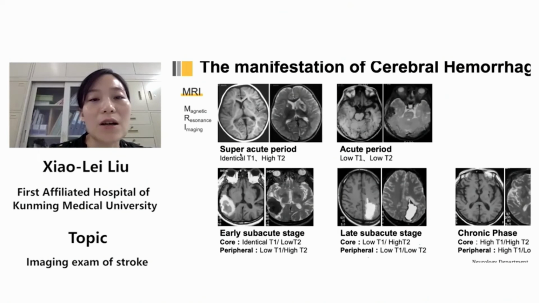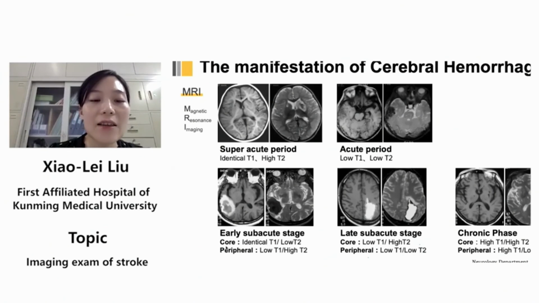For example, in the superacute period, we can see isointense T1 weighted, but high signal in T2 weighted. And in the acute period, we can see low T1 weighted here and low T2 weighted here.